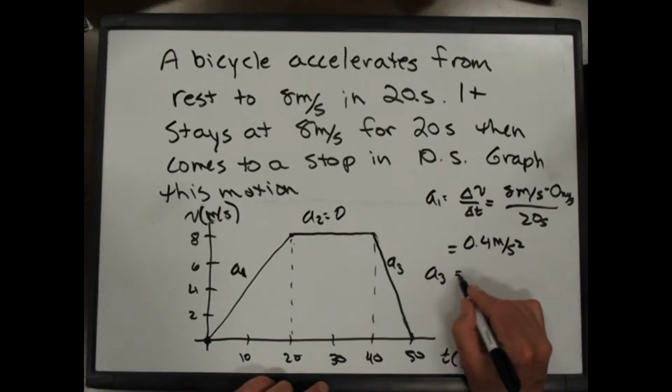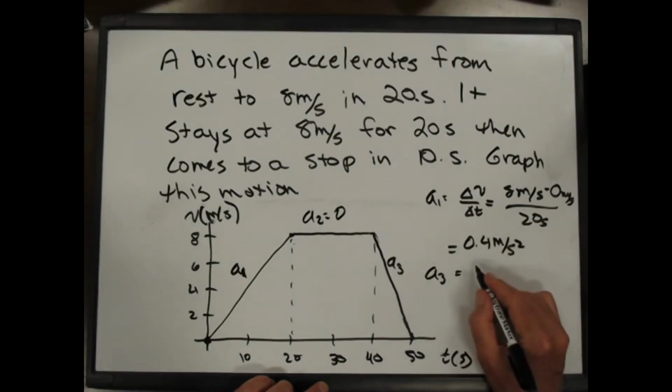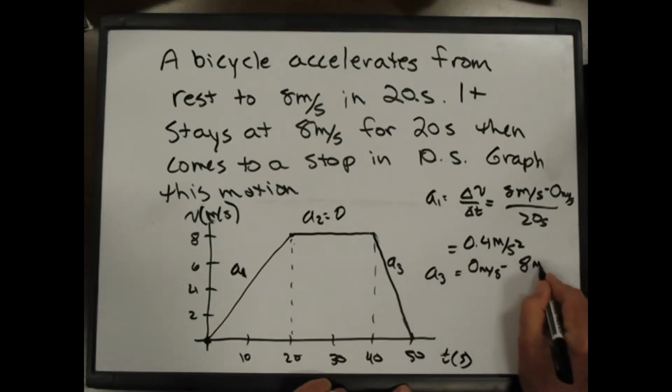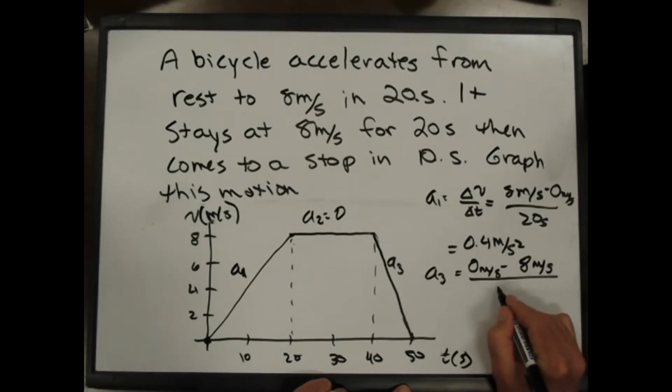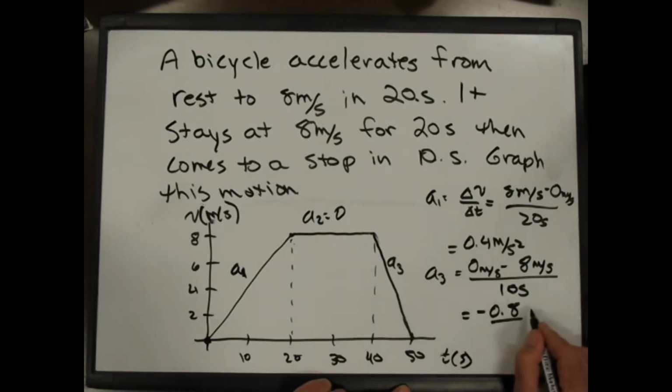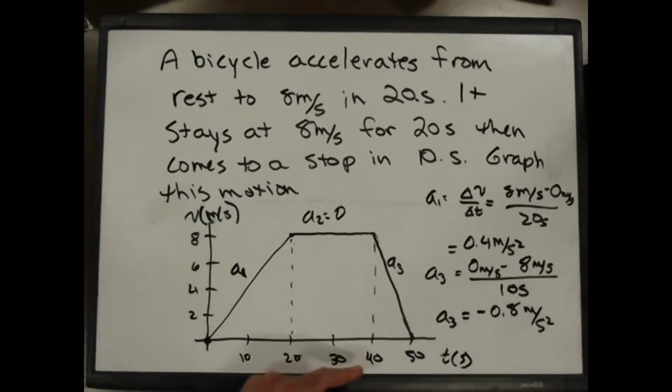A3 is the same, change in velocity over change in time, and so it's the final, which is 0 meters per second, minus 8 meters per second over 10 seconds. That's minus 0.8, sorry, 0.8 meters per second squared. So that would be the acceleration here.